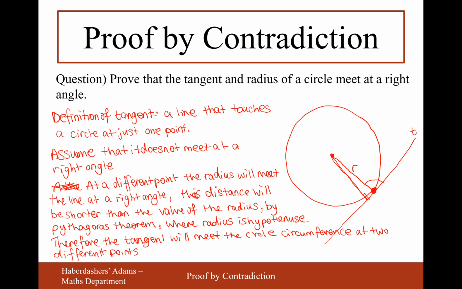Which is your contradiction, because the definition of a tangent is a line that touches a circle at just one point, and here we've just concluded that the tangent will meet the circle at two different points.